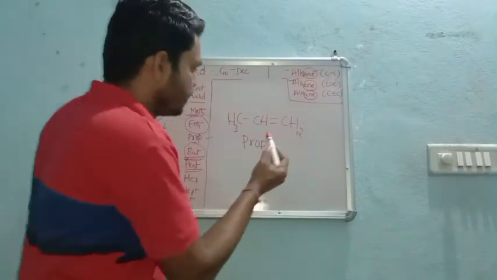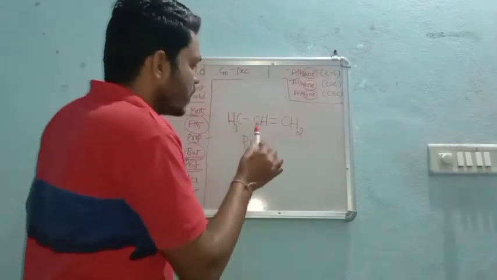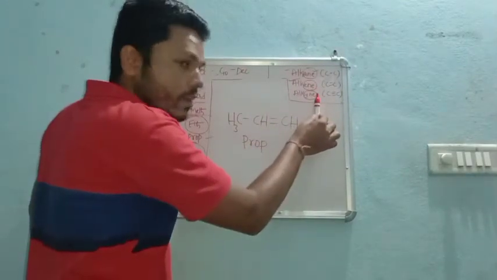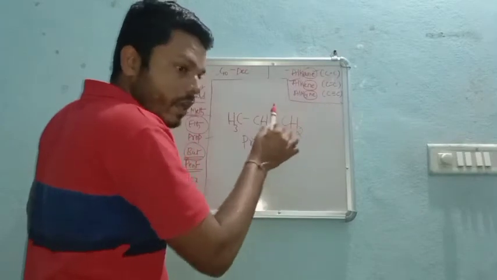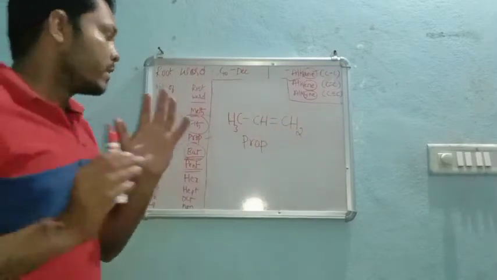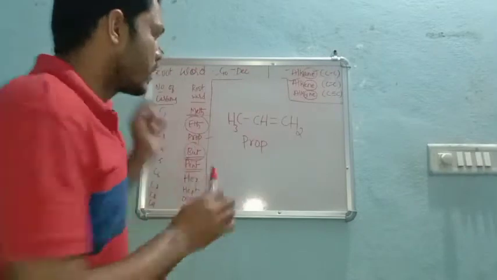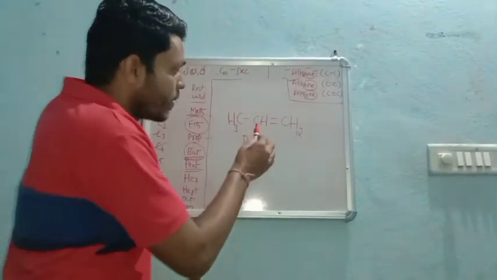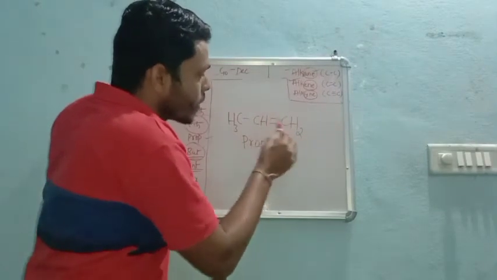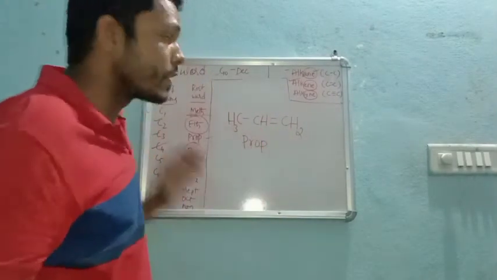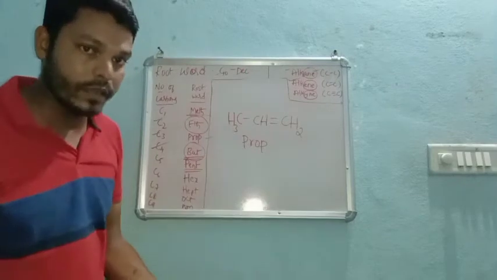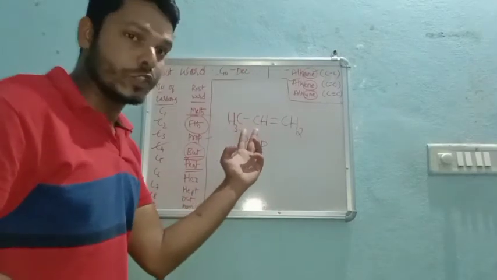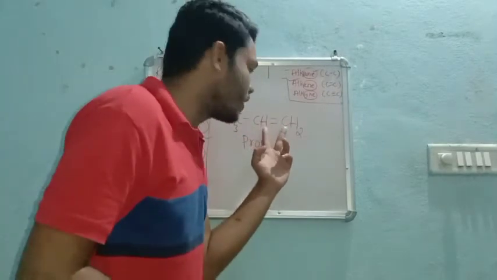Now there is an unsaturation. The next step is to check whether the compound is saturated or unsaturated. Students, see here very carefully. There is a single bond between these two carbon atoms, and a double bond between these two carbon atoms. Then how do we identify whether it is saturated or unsaturated, or both, saturated with respect to these two carbon atoms and unsaturated with respect to these two?